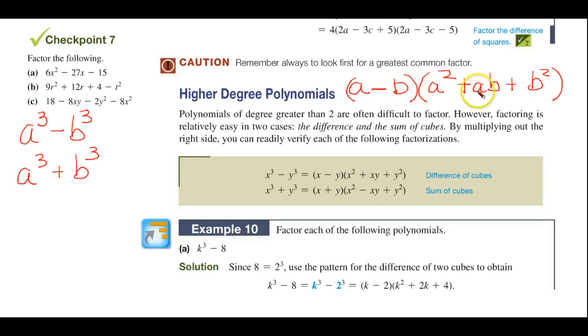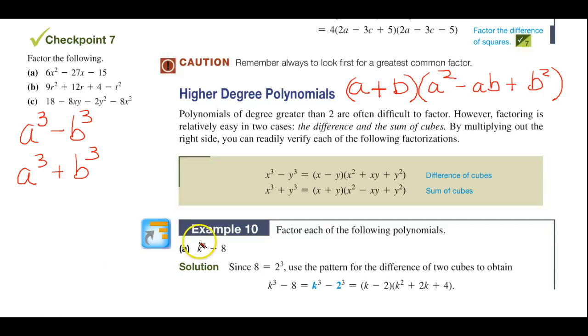And that is the factoring of the difference of perfect cubes. Now the only difference between this one and this one is when you are doing the sum of perfect cubes, this sign will be positive, and the opposite sign here is negative. Everything else is the same, and that's the pattern they're showing you.